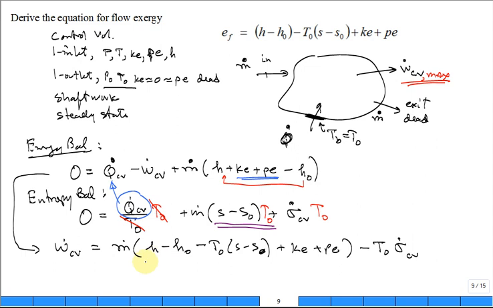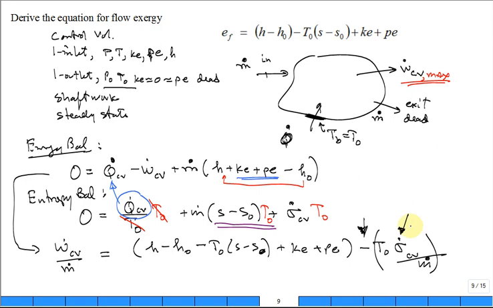You want to produce as much work per unit mass flowing through the system. What's going to decrease the amount of work produced? The presence of irreversibilities.